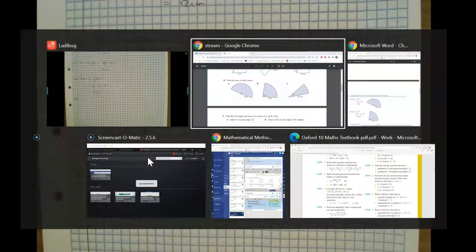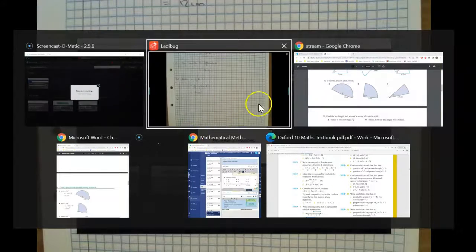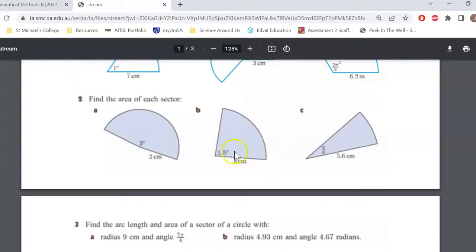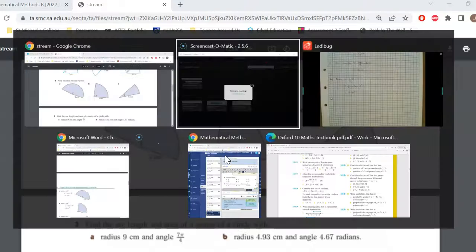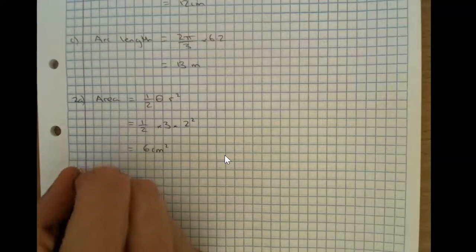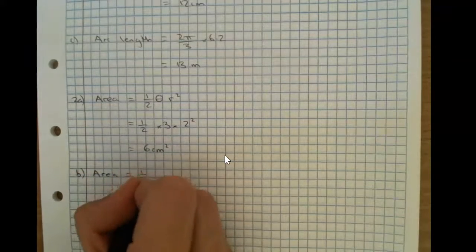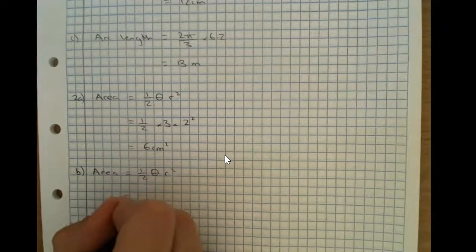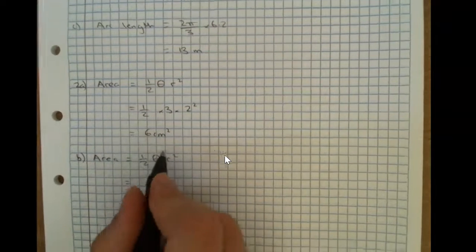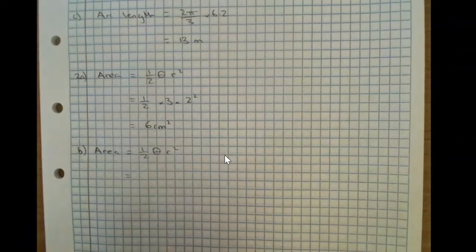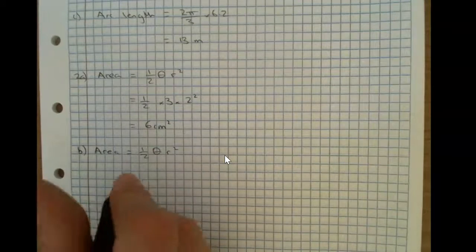B. So I'm asked to find the area of this. My radius is 8 centimeters. My angle is 1.5 radians. So area is going to be equal to a half theta r squared. It's a good idea to write the formula that you're going to be applying, so then I can see, just in case you make a mistake, maybe you can get partial marks.